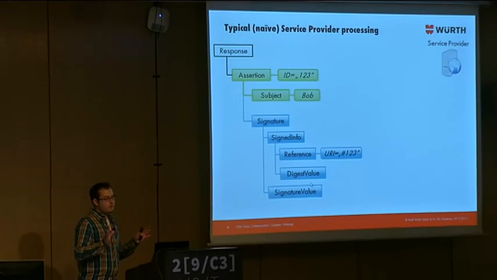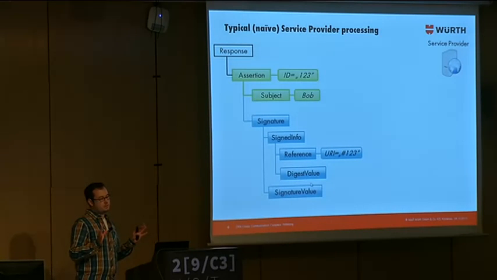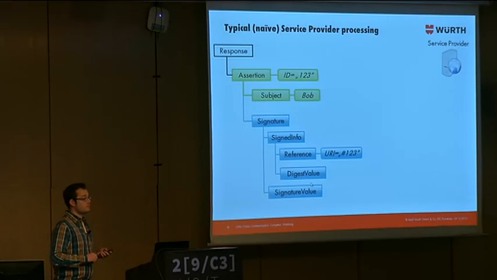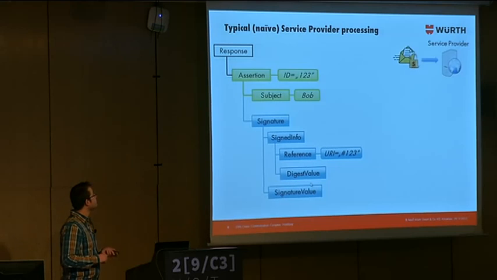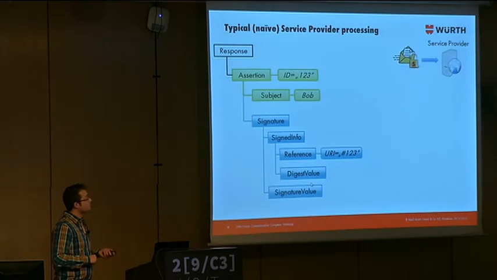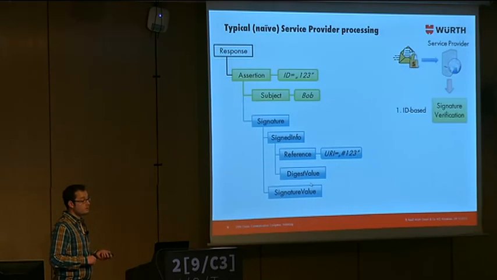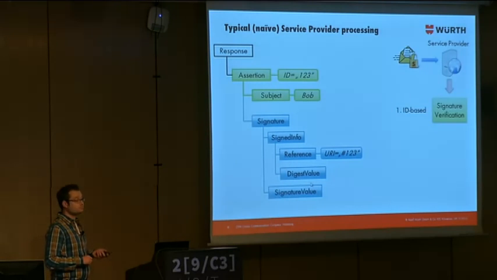So I will now explain how a service provider typically processes such a SAML response message. First the assertion is sent to the service provider, and in the first part the signature is verified.